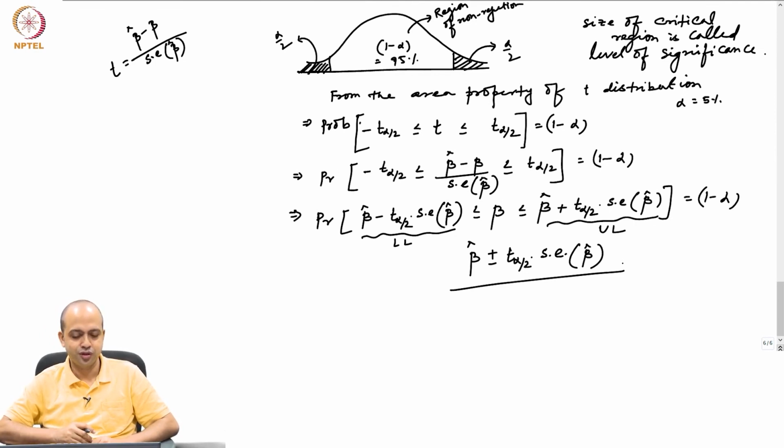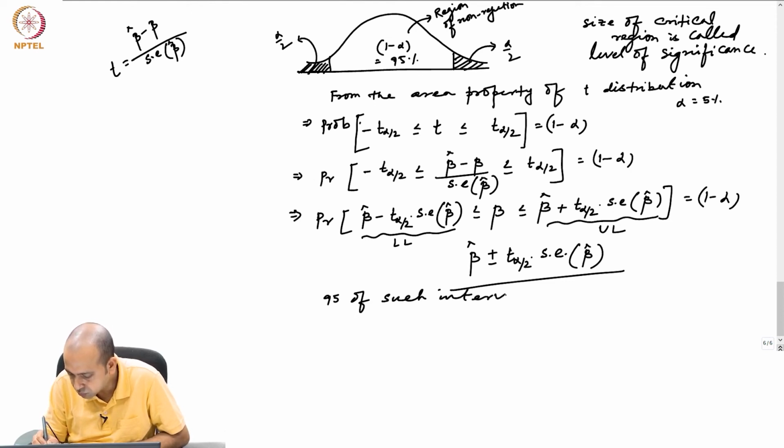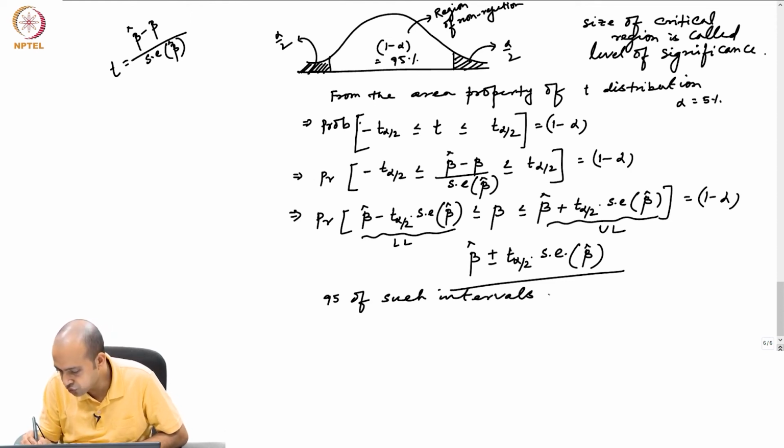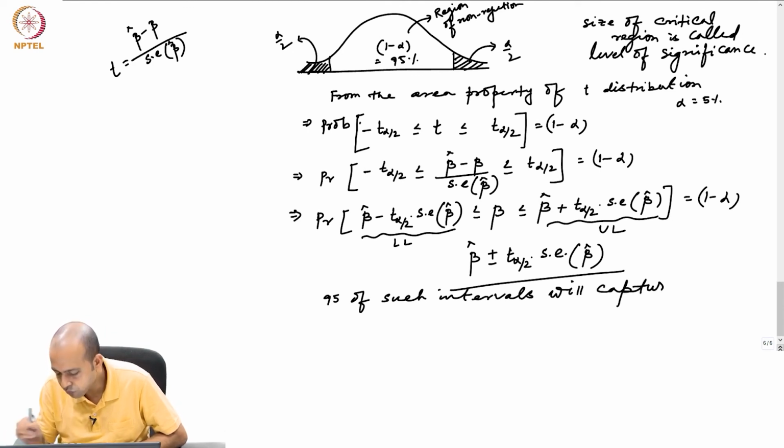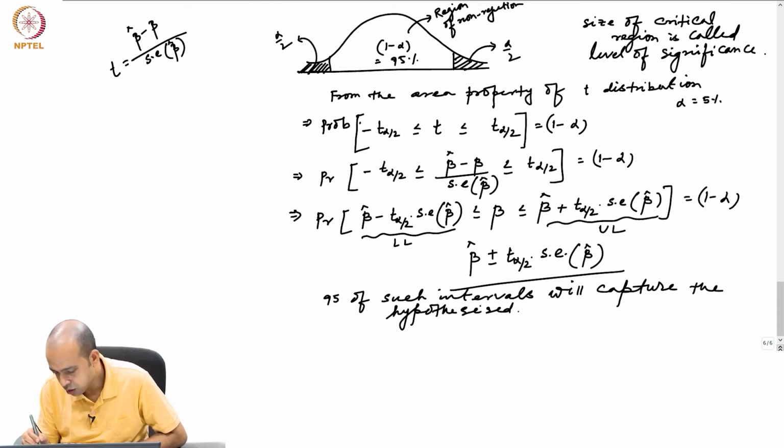What I am saying is, if you construct the interval following this formula, 95 of such intervals will capture the hypothesized value of beta, in this case which is actually 0.